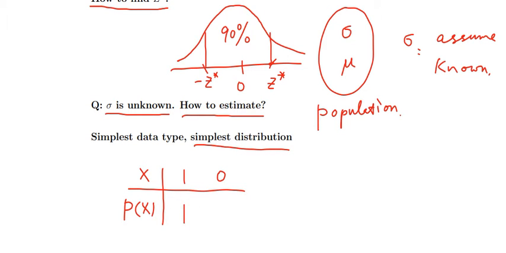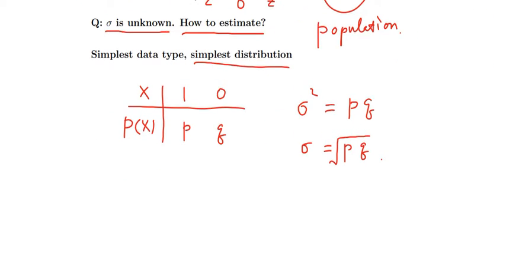So there's p and q. We know for this distribution the variance sigma squared equals pq, and sigma is the square root of pq.